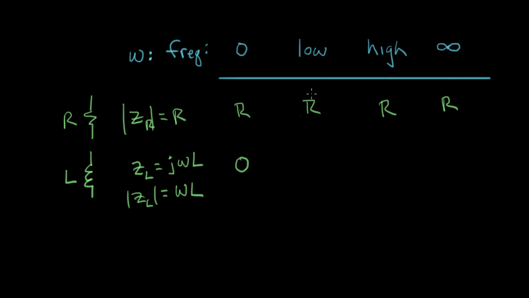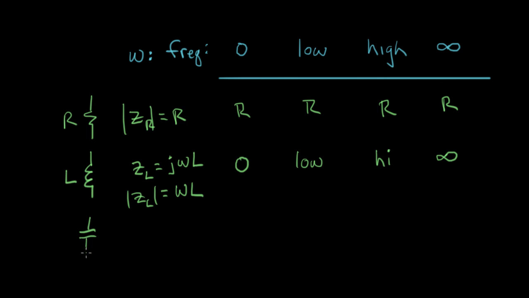When omega is low, the impedance is going to be relatively low. And as the frequency gets high, omega L becomes a larger number, so it becomes high. And if we let the frequency go to infinity, then omega becomes infinity, and this becomes infinity. So in an inductor, from low frequency to high frequency, the impedance goes from 0 up to infinity.